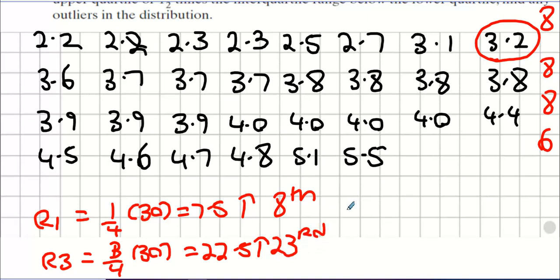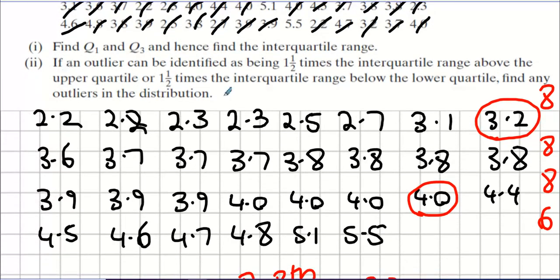And where is number 23? 4.0. Okay. So Q3 is 4.0 and Q1 is 3.2. What's 4.0 take away 3.2? 0.8 for the interquartile range.